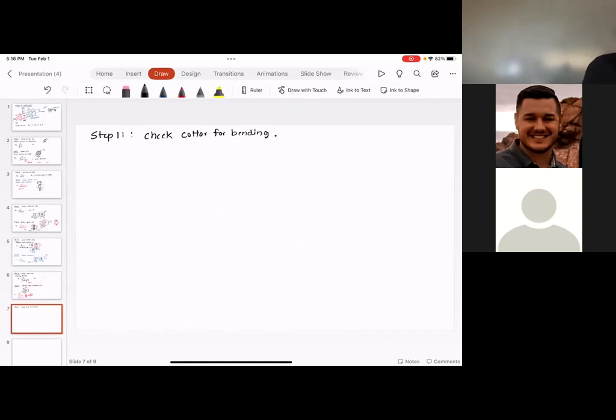Now, if you think about it, the cotter is like a beam.